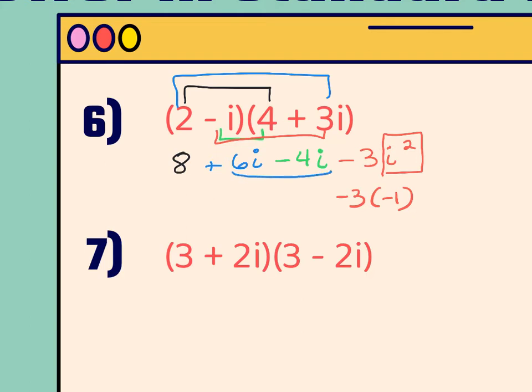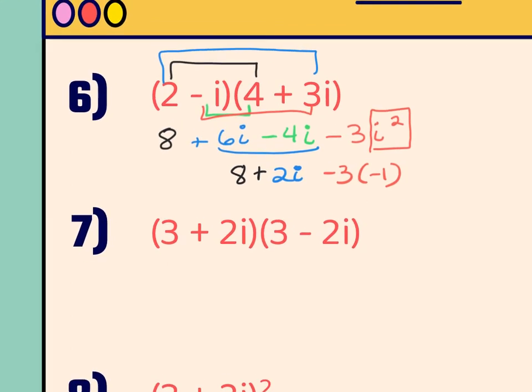I can add these like terms, and this gives me 2i. I'm going to rewrite the 8 at the beginning. I now need to multiply the red. -3 times -1 gives me +3. And then now I can add my like terms. I have the 2 reals that I can add. So final answer here is 11 plus 2i.